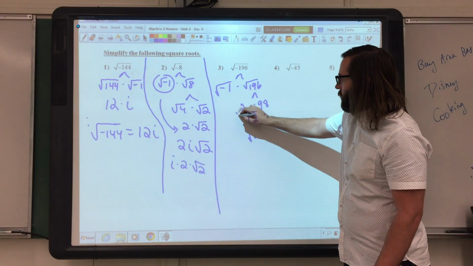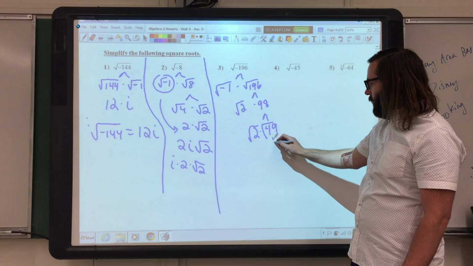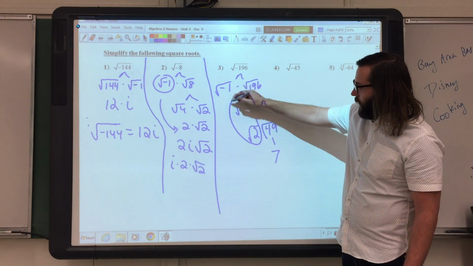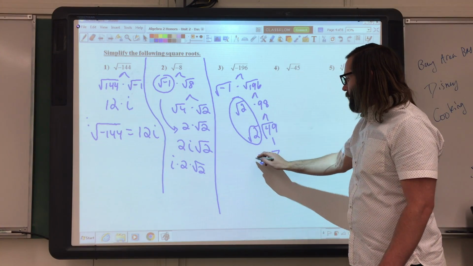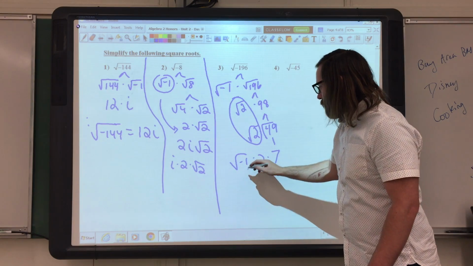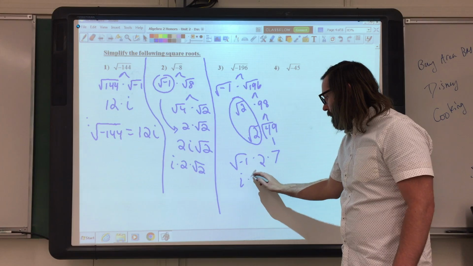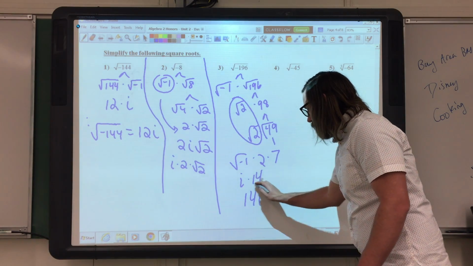Ooh, now we're getting somewhere. Square root of 49, that's 7. Since this is a square root, we're looking for pairs, so we can bring them out. So 2 times 7 times the square root of negative 1. We know this is i times 14, or if you want to rewrite it, 14i.